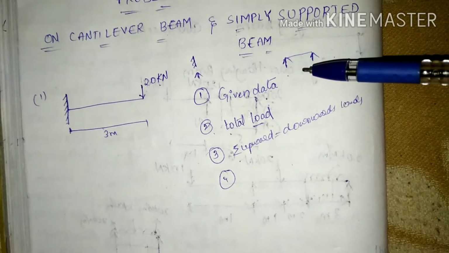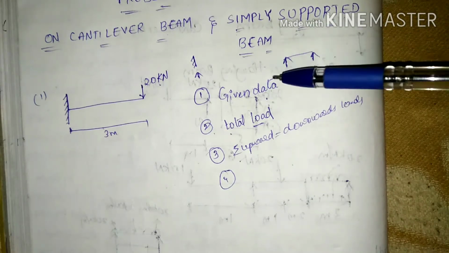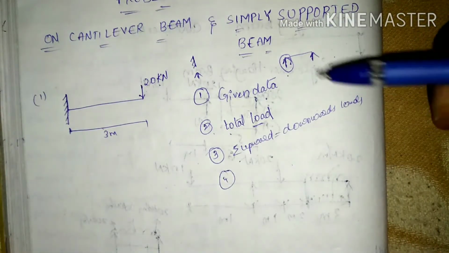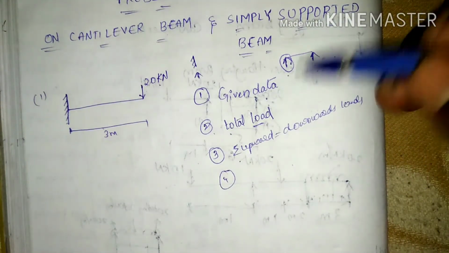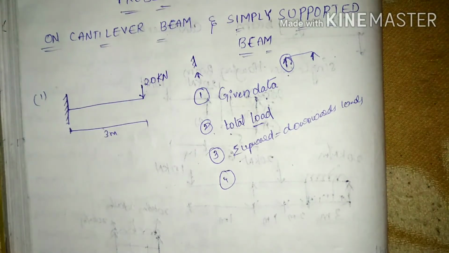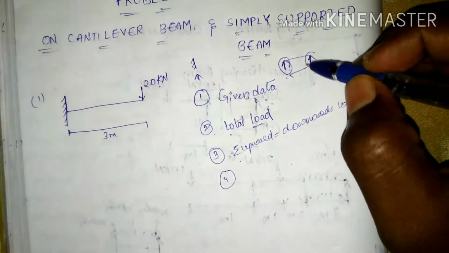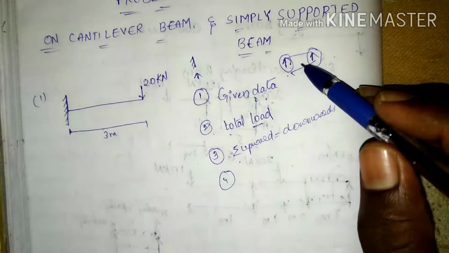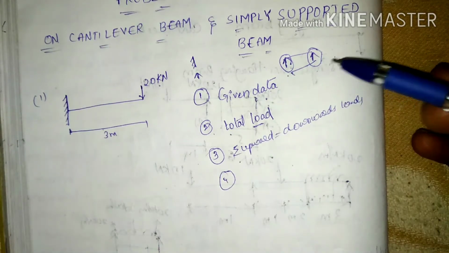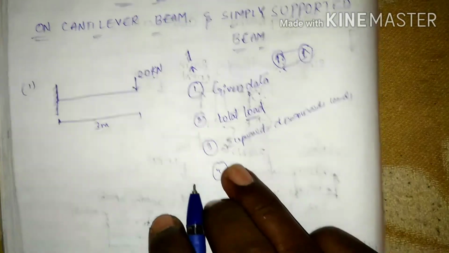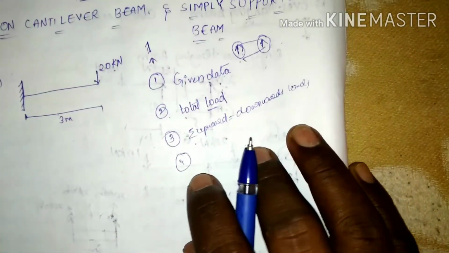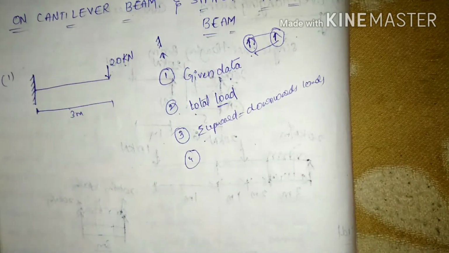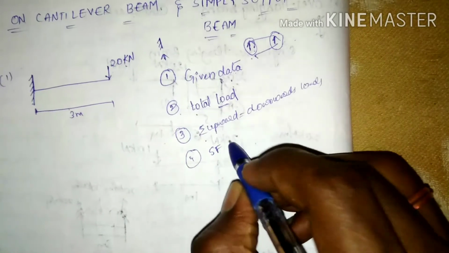For this we are going to take a moment and find one reaction, and substituting the RA value in the star equation, that is RA plus RB is equal to total load, we are going to find the other unknown reaction. In this way, we are going to find both RA and RB values. Then we are going to do shear force calculation.